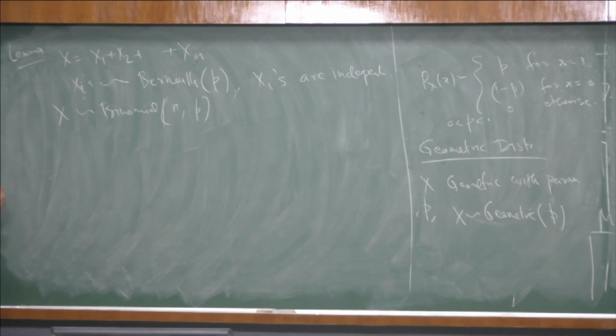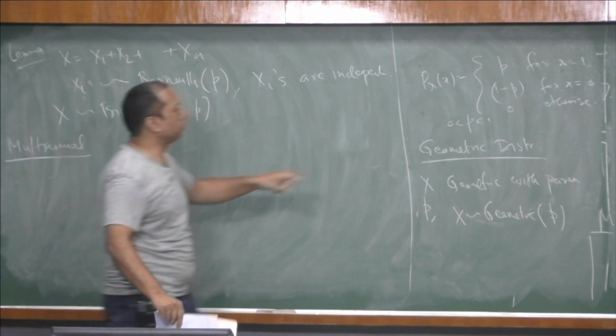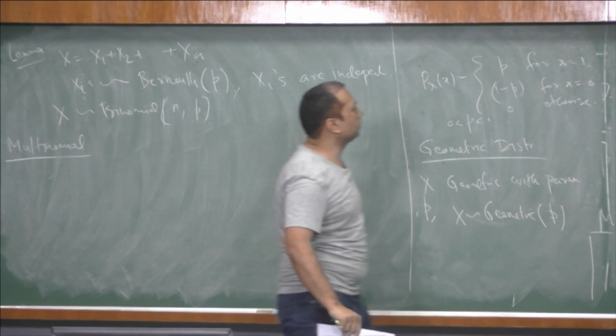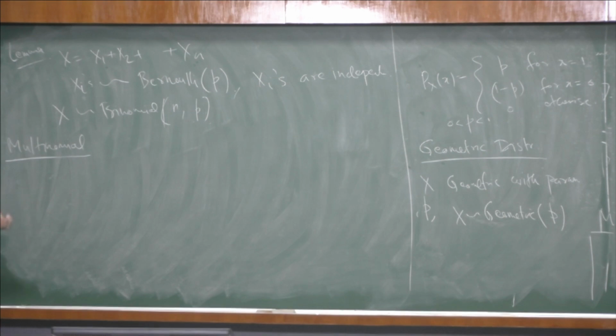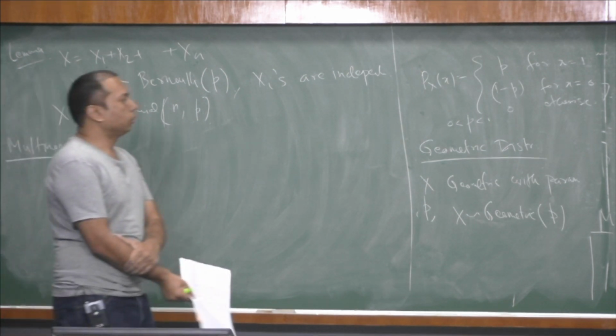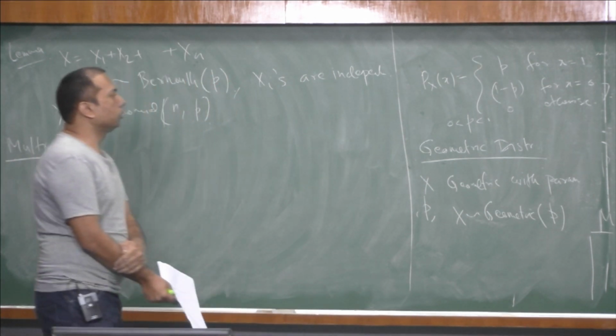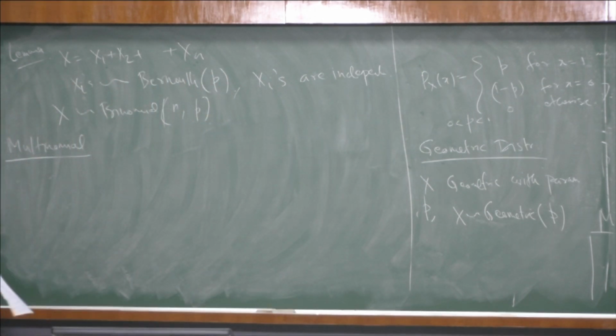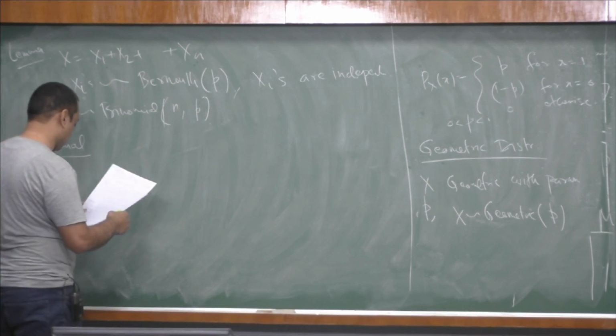Now I will go to multinomial. As I said, in binomial I had a coin with only two possibilities. Multinomial is like you have a die with k sides, and you do the same experiment. You observe one of the possibilities of the die, m times or something.